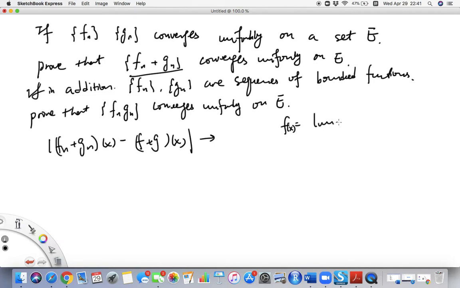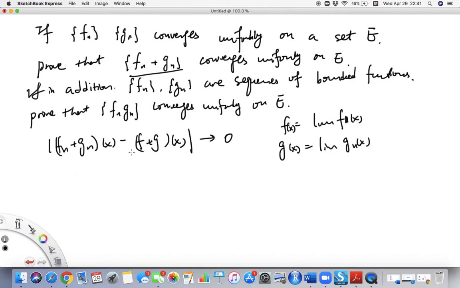So f(x) is the limit of fn(x), and g(x) is the limit of gn(x). So intuitively, fn plus gn converges to f plus g, right? So let's prove that.